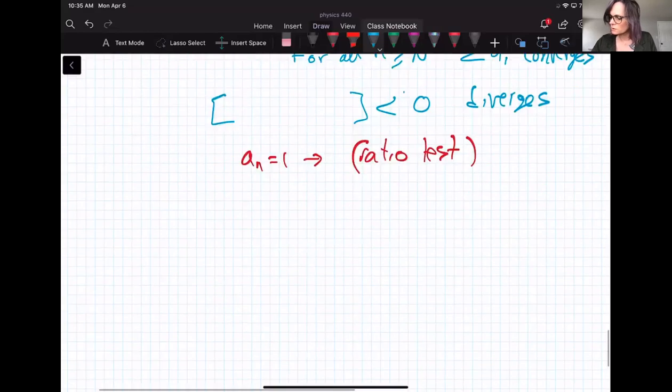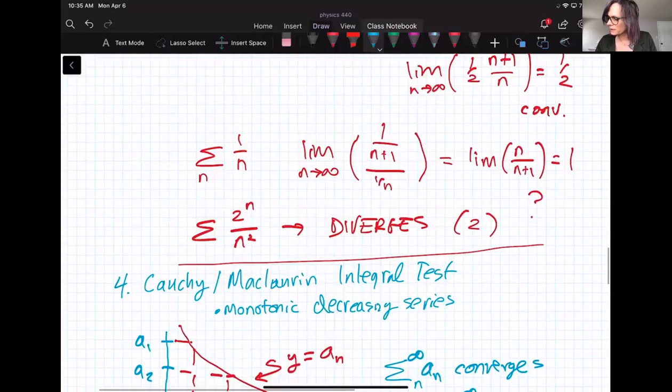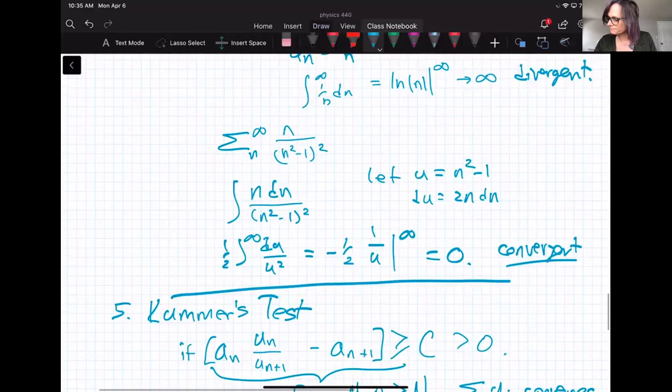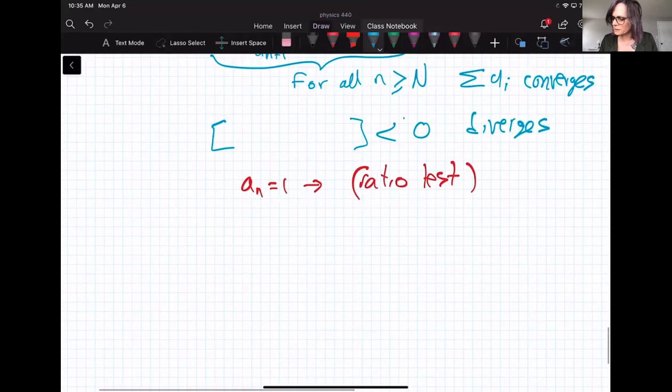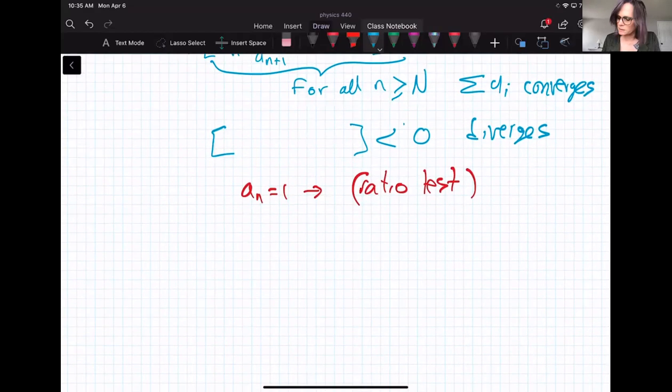Here, let me show you. I know the book isn't quite clear on this, so let's look at an example.